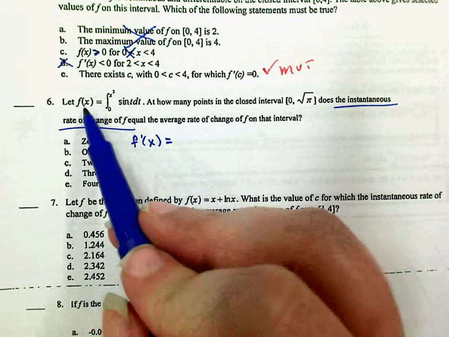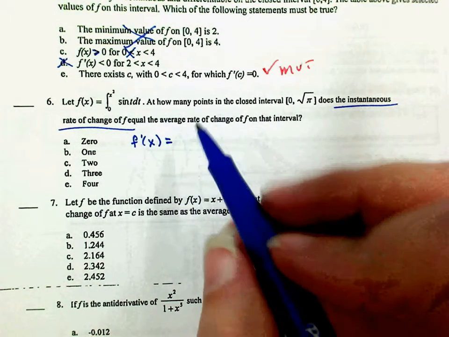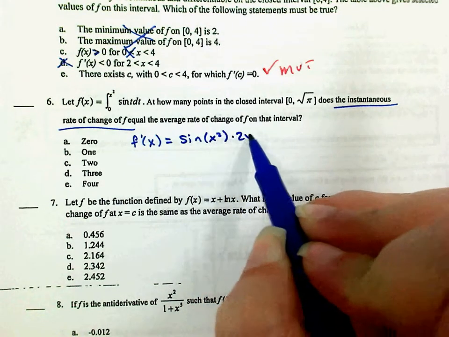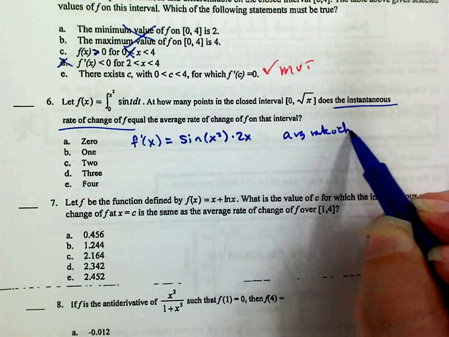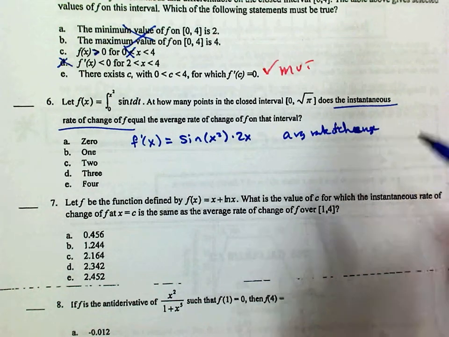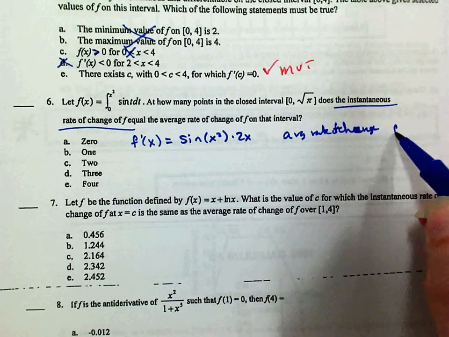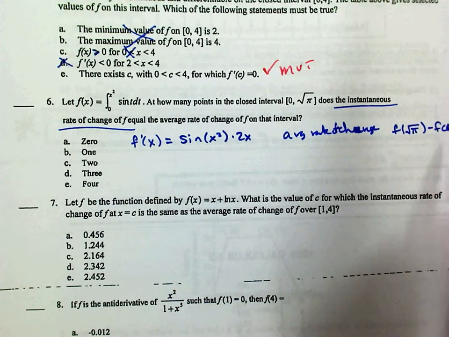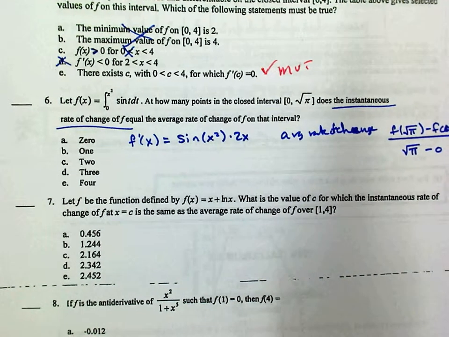Well, if f equals the integral from 0 to x squared of sine t, then what's f prime? Times? Okay. And then what's the average rate of change? Is this slope? Okay. So I'm thinking f of the square root of pi minus f of 0 over the square root of pi minus 0. Yeah?